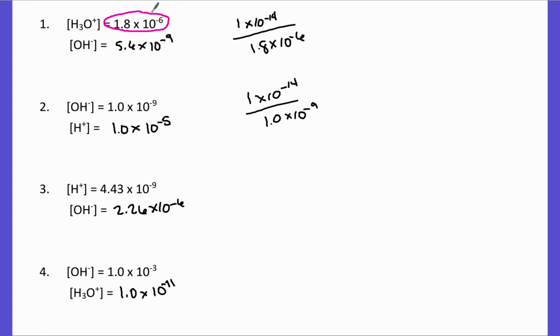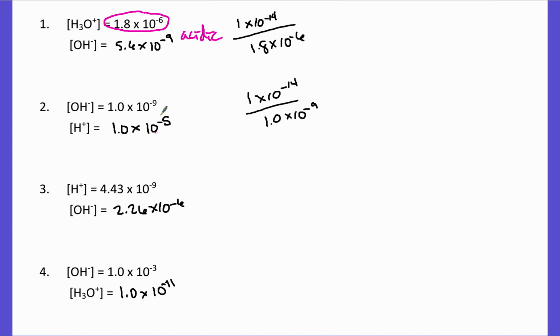Now, you have to think about it, that negative 6 is actually smaller than a negative 9, but in terms of an exponent, negative 6 is bigger than negative 9. So when I'm talking exponents and I got these negatives, it's the lower of the two numbers. 6 is smaller than 9, but a negative 9 is smaller than a negative 6. So I have more hydrogen ion, which is what makes this an acidic solution, right?